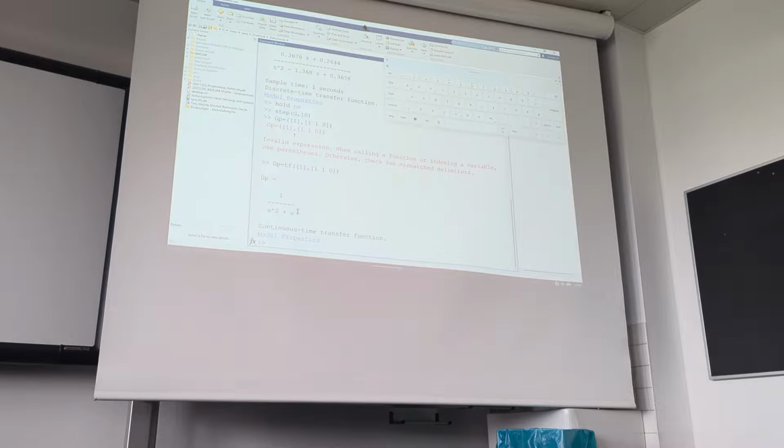So, okay, now it's the right function. And let's do the plot again. Step GP for 10 seconds.